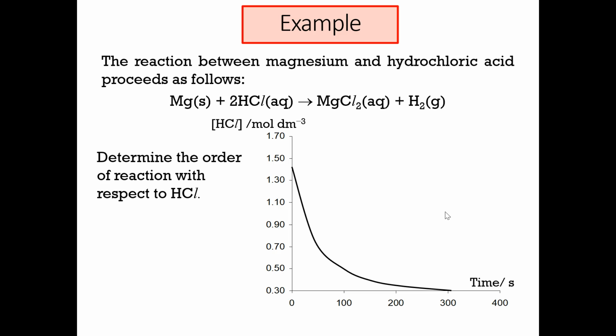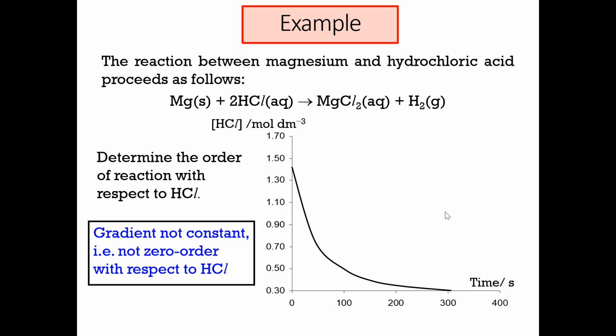So let's look at the example here. You have a reaction between magnesium and hydrochloric acid, and we have a concentration time graph first. Later, we have the rate concentration graph. So determine the order of reaction with respect to HCl. Gradient is not constant. It is not zero order with respect to HCl. So we are looking at perhaps first or second.